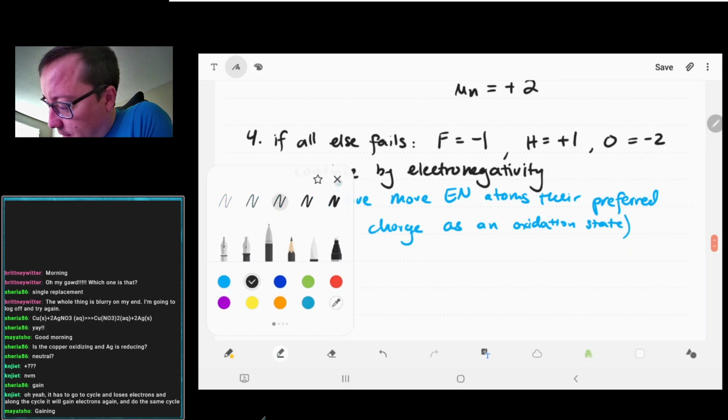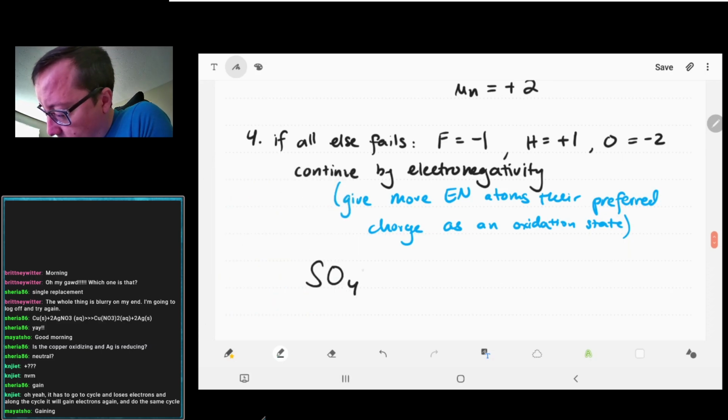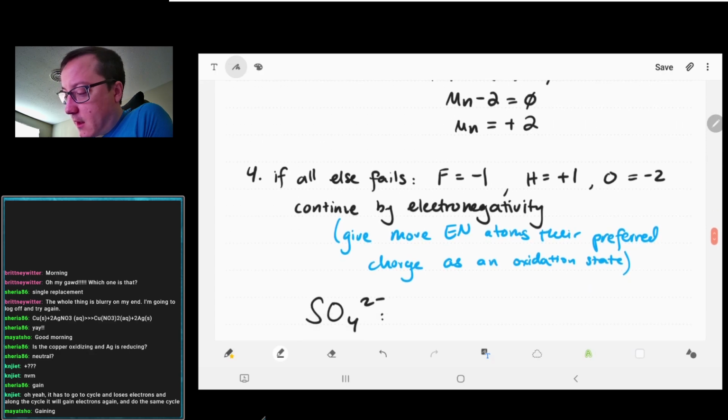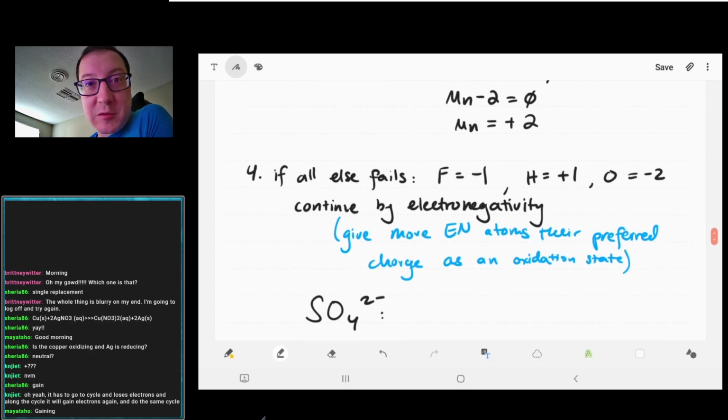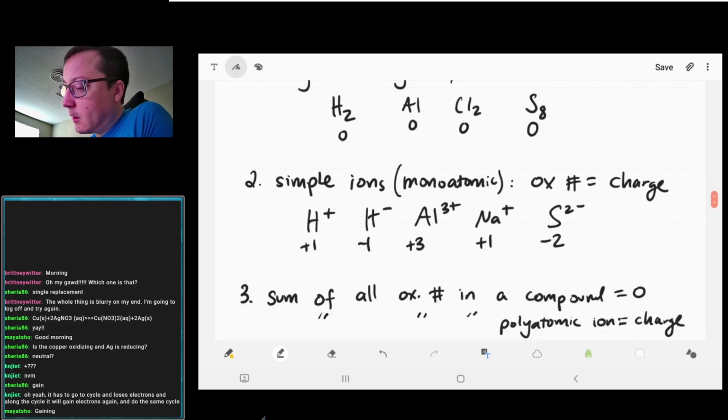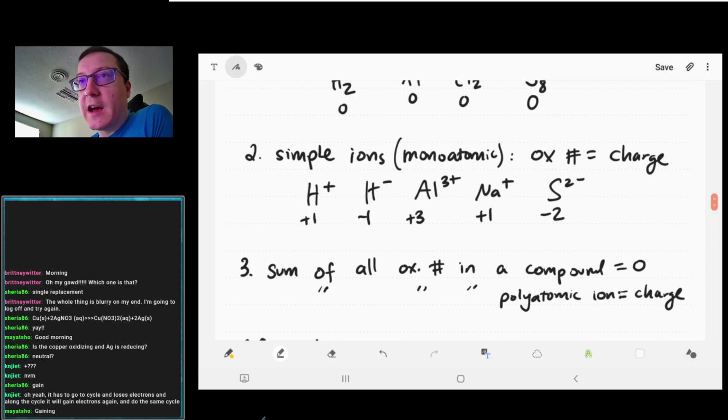So let's take a look at what this means. Let's see what all the oxidation states are going to be in this particular polyatomic ion. So let's go ahead and just go through our rules. First rule says any element by itself. Of course, here we do not have any element by itself, so next. Second rule is simple ions.